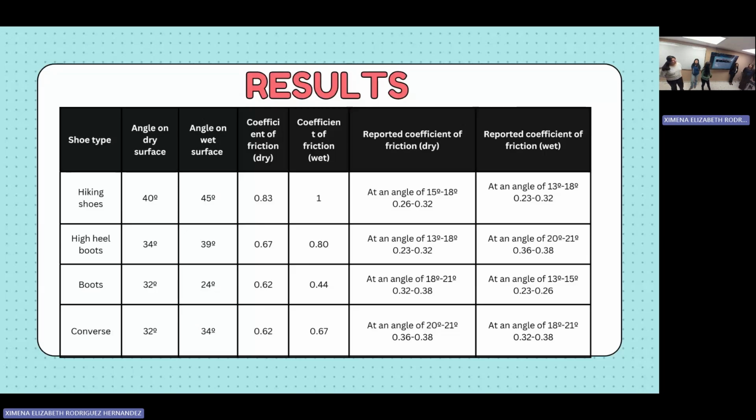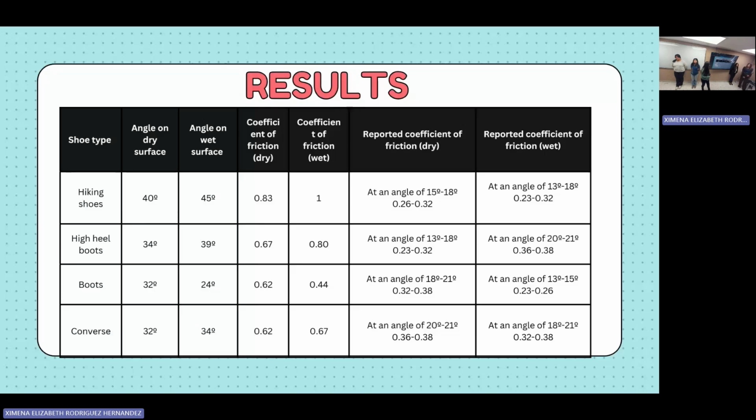The reported coefficient of friction dry at an angle of 18 to 21 degrees is 0.32 to 0.38, and the reported coefficient of friction wet at an angle of 13 to 50 degrees is 0.33 to 0.26. And in Converse, the angle on a dry surface is 32 degrees, and on a wet surface 34 degrees.